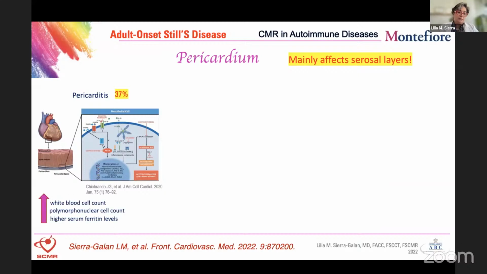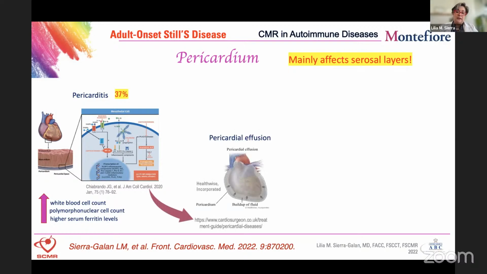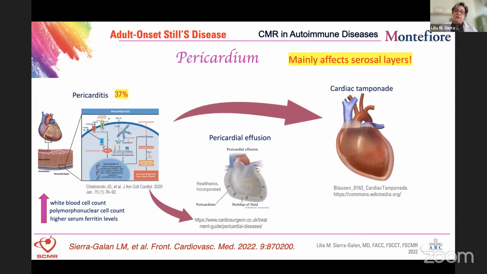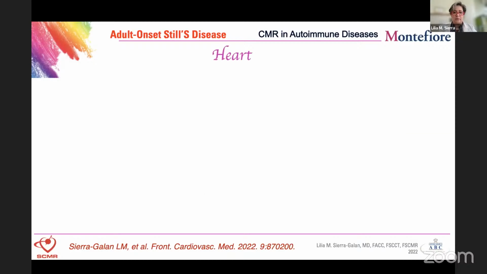Here, if the patient has high white blood cell count, polymorphonuclear cell counts, or higher serum ferritin levels, it is even worse, and the patient has more pericarditis and more pericardial effusion. And this could evolve to cardiac tamponade. This is the disease that mostly affects the pericardium and could evolve to cardiac tamponade. This is rare, but the others are very rare.